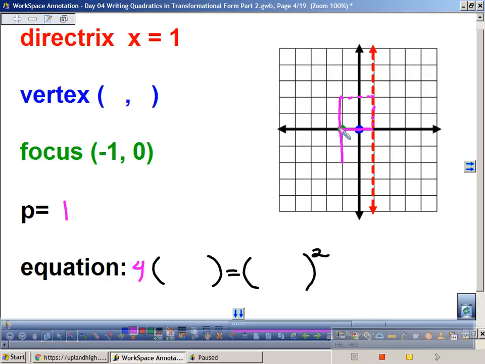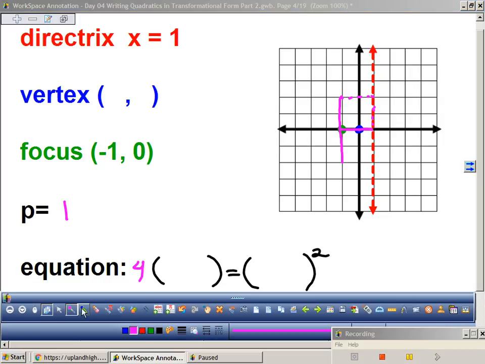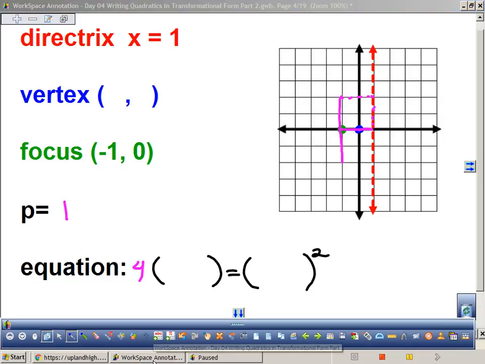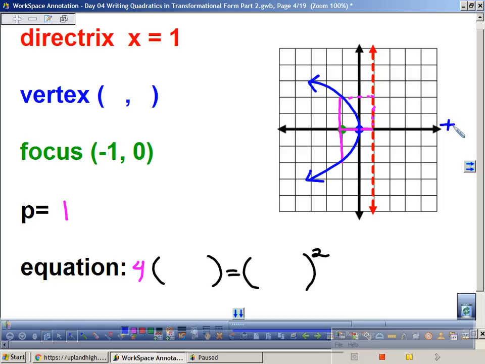Right? Because remember, that is the definition of a parabola, right? The distance from the focus to the directrix should be equidistant from the focus out to the parabola. And that's actually my parabola right there. But I say to myself, this is going in the positive direction. This is going in the negative direction. So it must be -4.